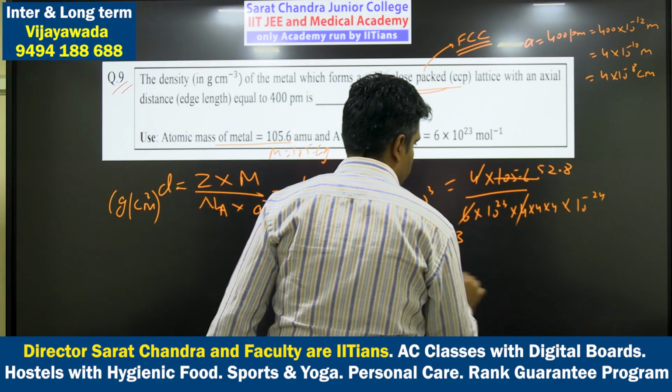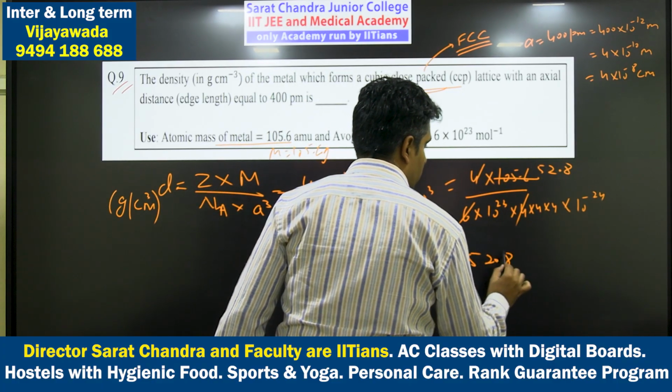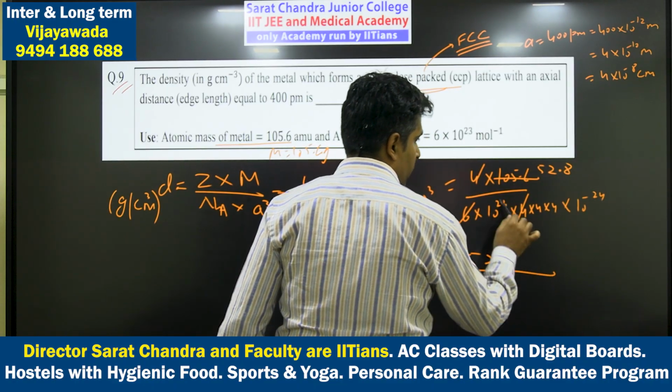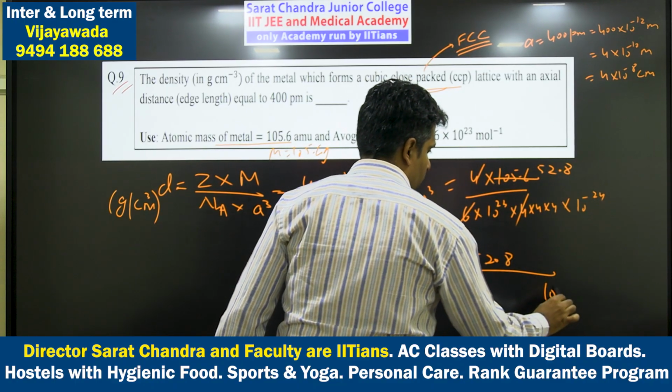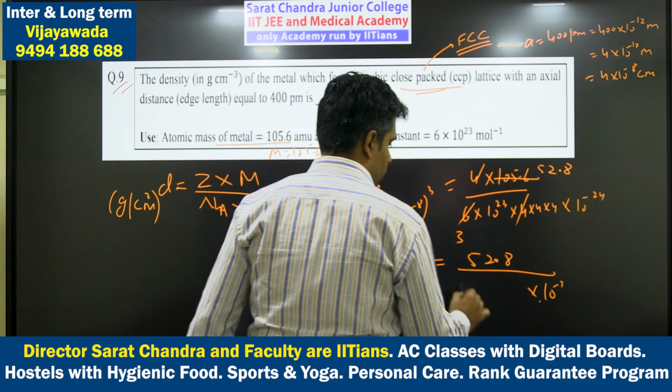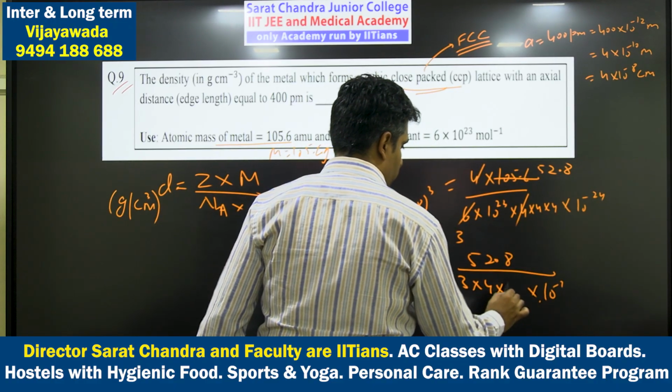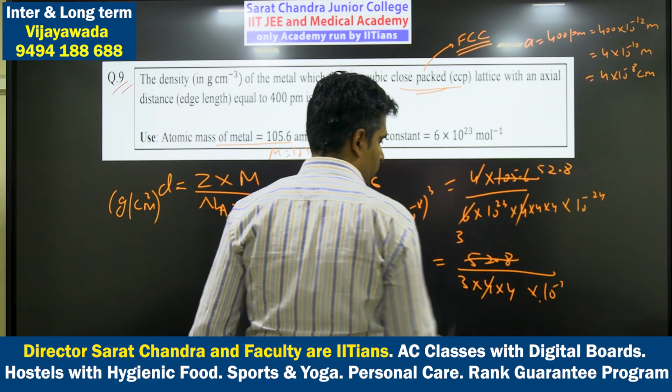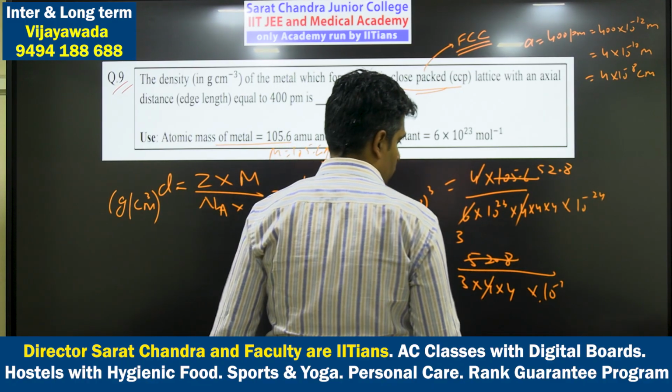So this will come out to be 52.8. 23 and minus 24, 10 to the power minus 1. So 3 into 4 into 4. So again dividing by 4, this will be how much?